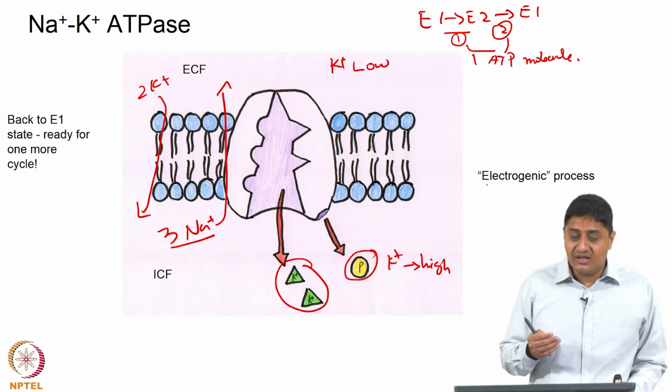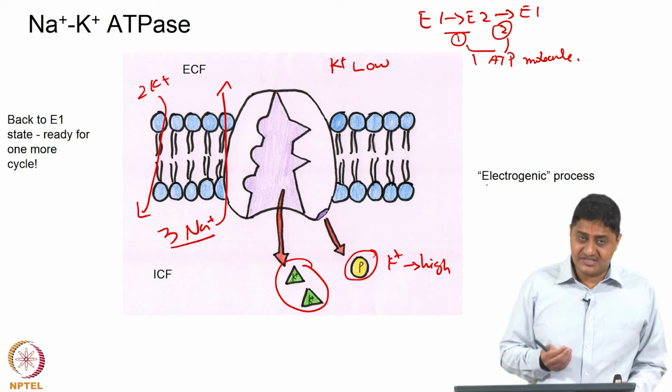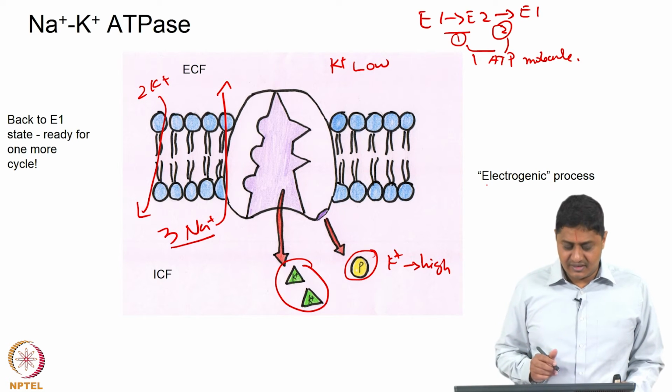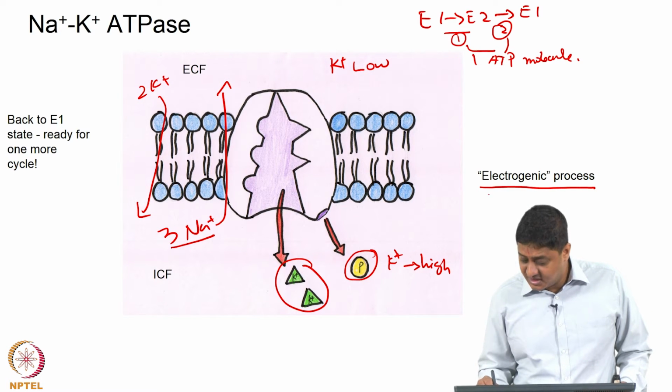Because of this, the cell becomes a little less positive or a little more negative with each cycle of this ATPase function. So, this is an electrogenic process, or it creates charge separation.